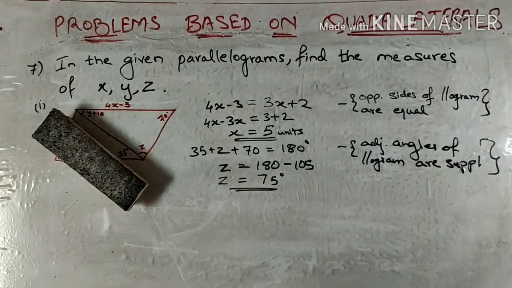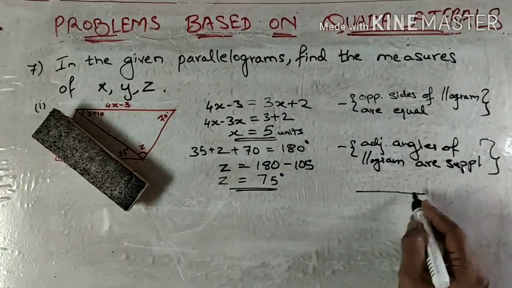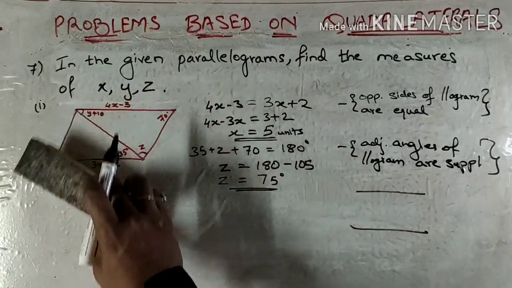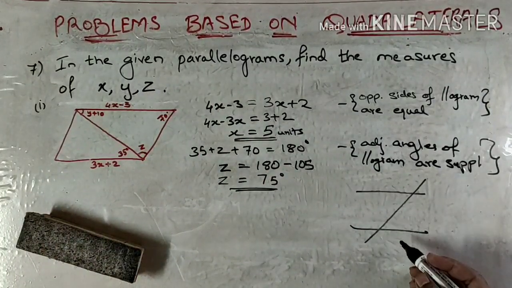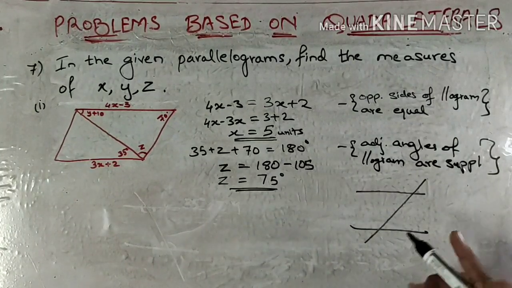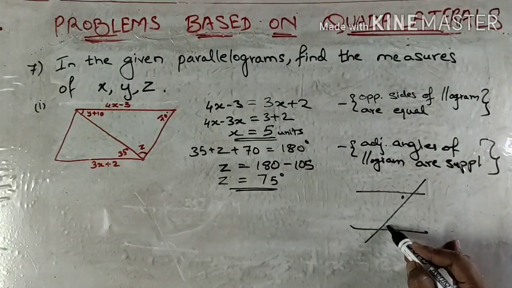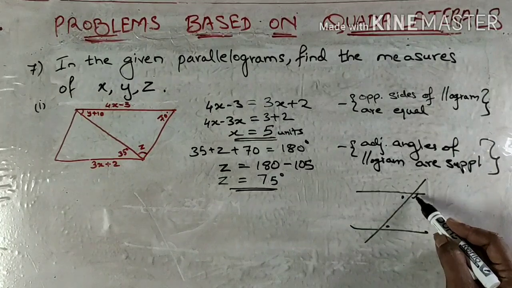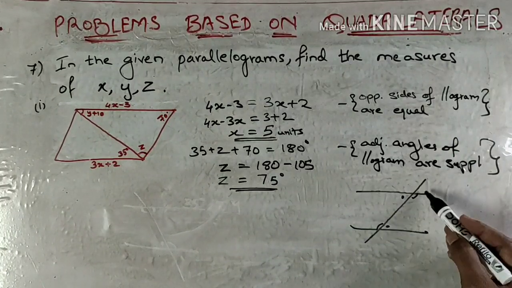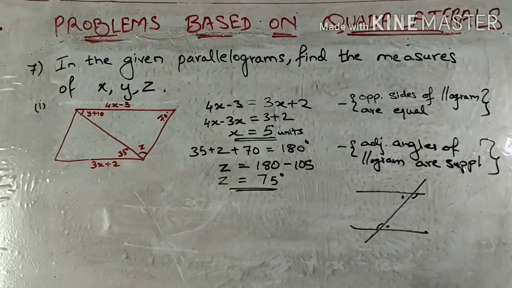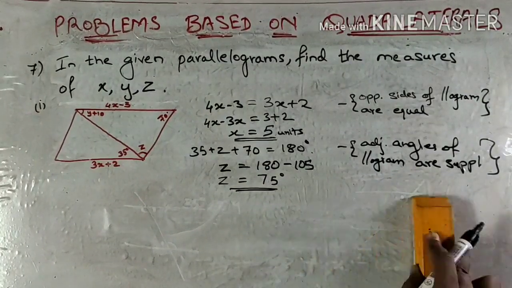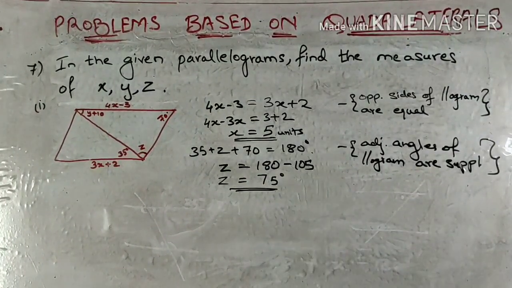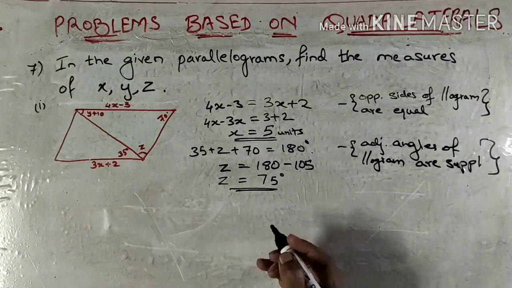Or the other way is that these two sides are parallel, and if there is a transversal passing through it, like this, we have alternate angles which are equal. This angle will be equal to this, and this angle will be equal to this. So this is the alternate angles property between a pair of parallel lines. Now I'll use the second method.